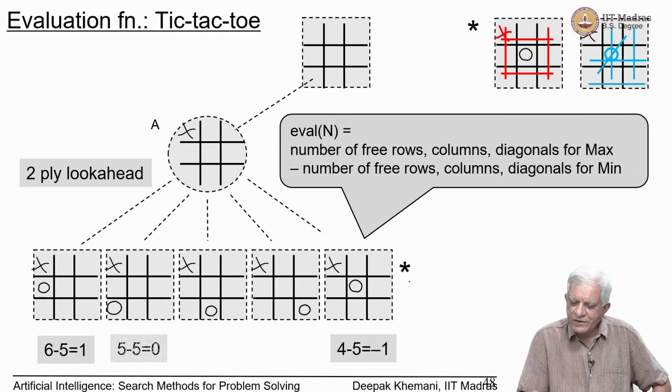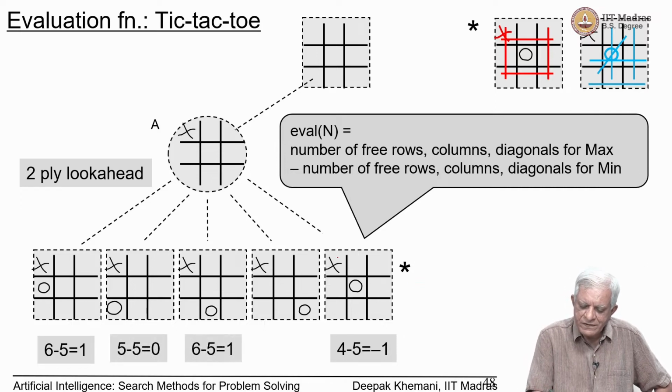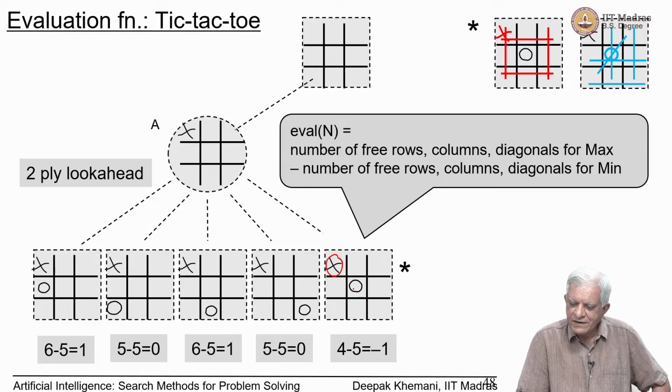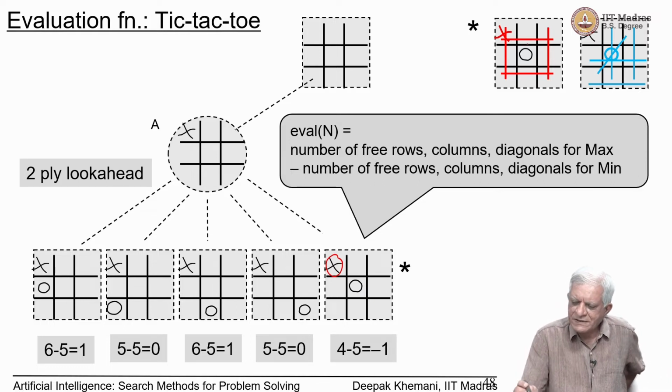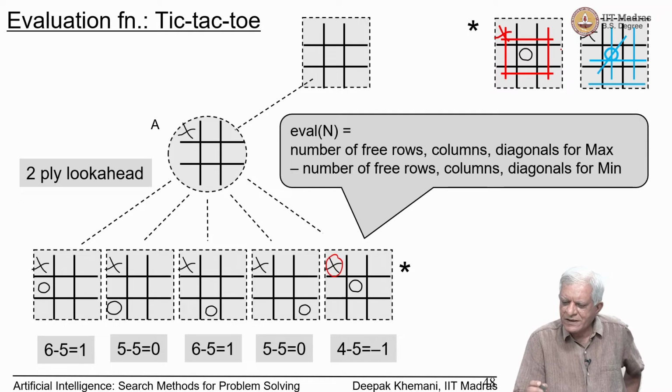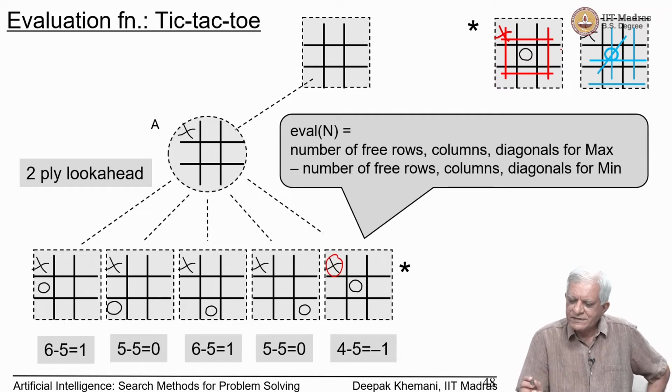So, for max, you can see max has made a move on the top left corner, min has made a move in the center square. So, max cannot exploit any diagonals. So, max still has 2 vertical rows and 2 horizontal rows open to him. So, there are 4 such possibilities of completing 3 in a row for max.